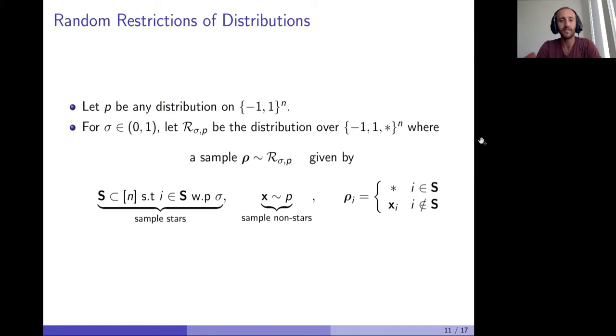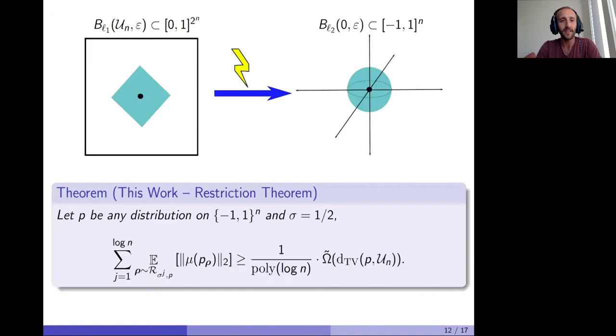So this is a way to sample a random restriction for a distribution. And what the main theorem says is that to some extent, this picture is true after we allow random restrictions.